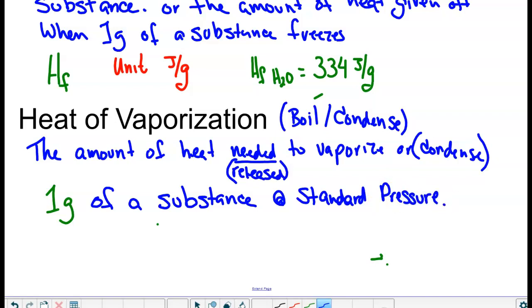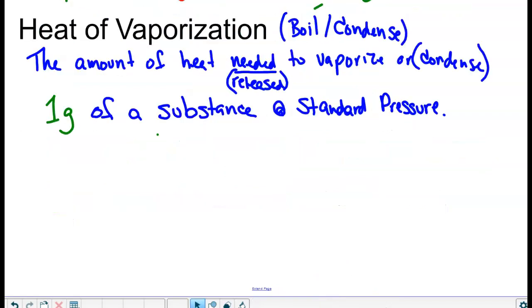All right, so heat of vaporization has the abbreviation H V, and its unit is the same as H F. It's going to be joules per gram.